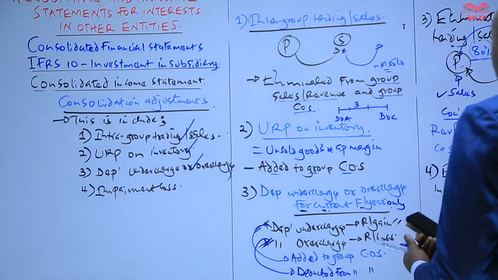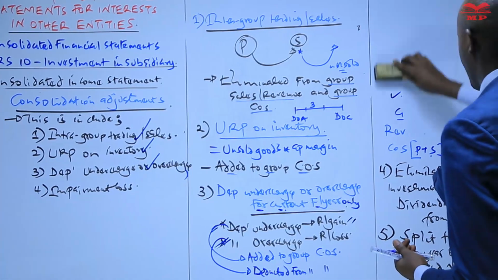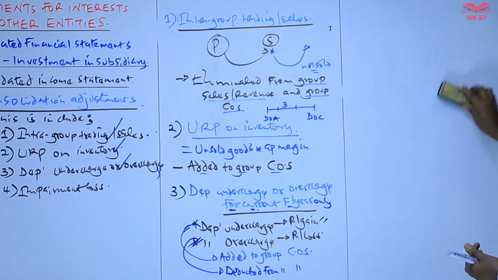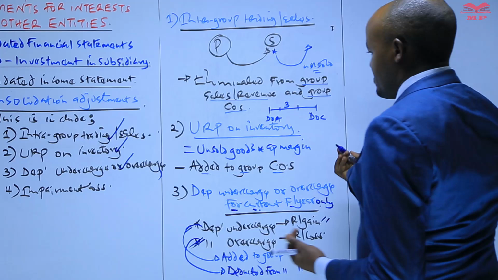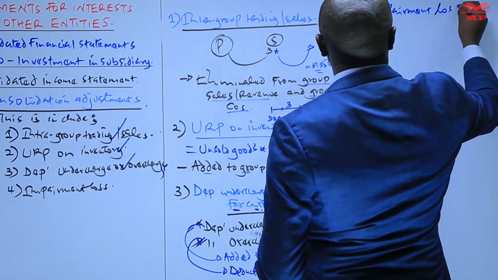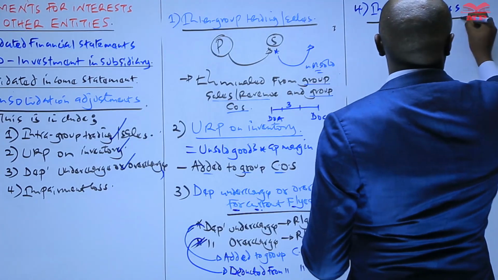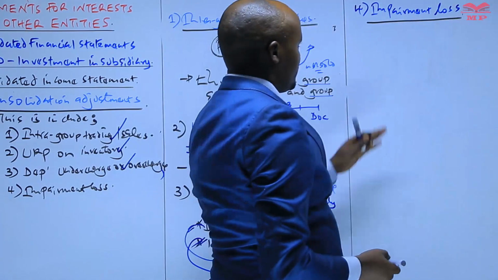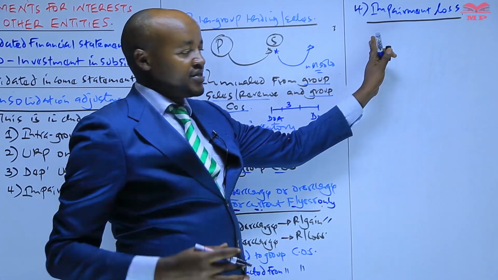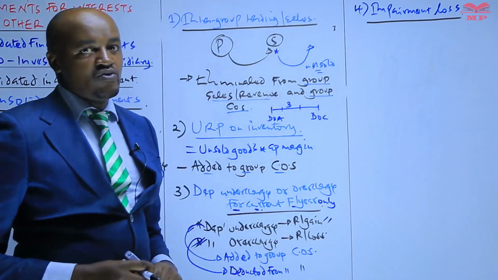And then finally we have the adjustment relating to impairment loss. First of all, you have to recall what we have already discussed in our previous sessions, that impairment loss is the reduction in the value of goodwill.